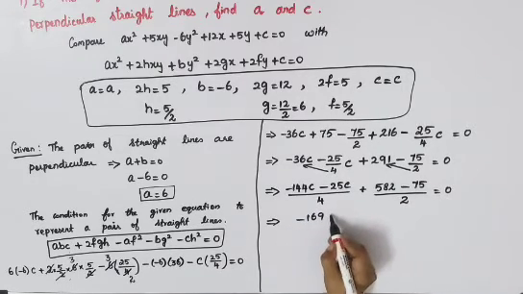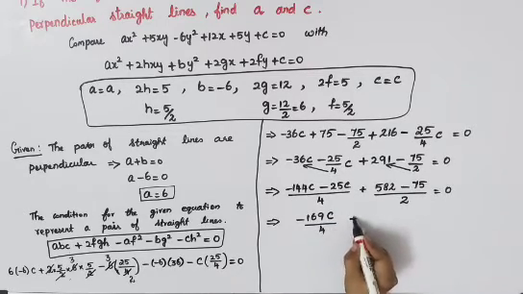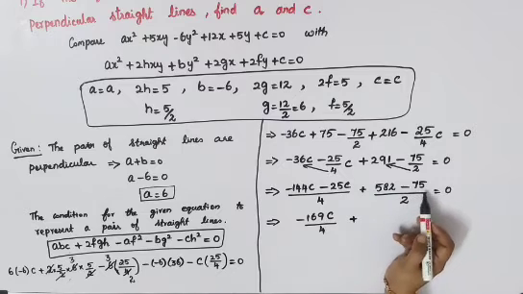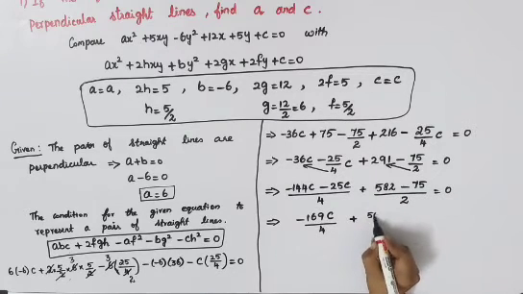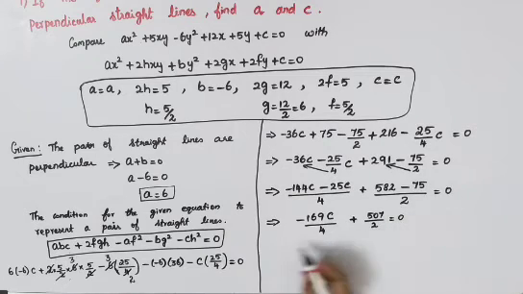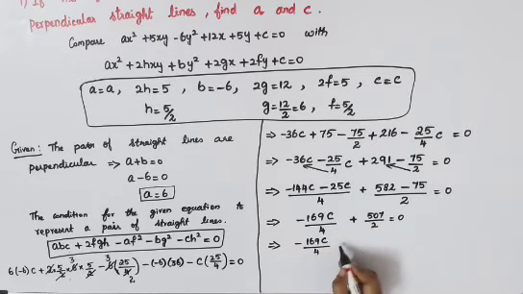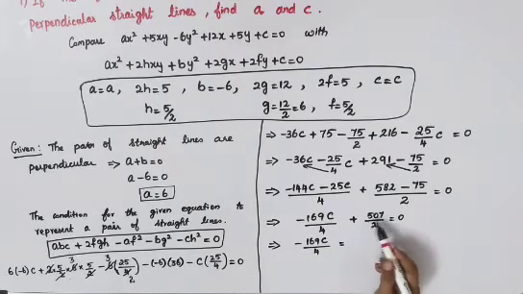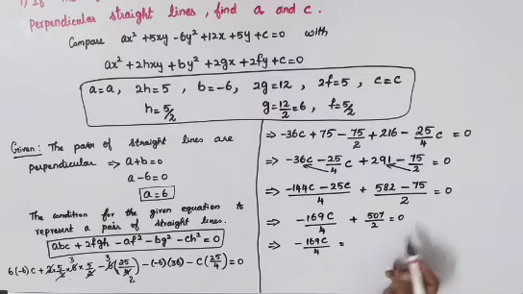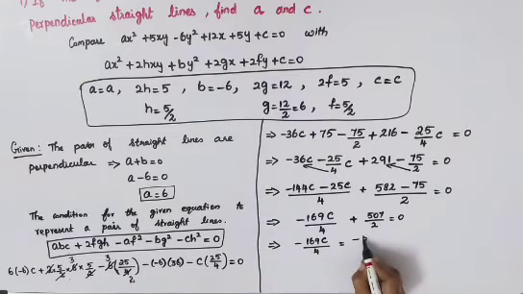Since minus is there, you can give minus C divided by 4 plus 582 minus 75, you will get 507 divided by 2, which is equal to 0. So the next step of solving is minus 169C divided by 4 is equal to, take this 507 divided by 2 towards your right hand side, so you'll get minus 507 divided by 2.